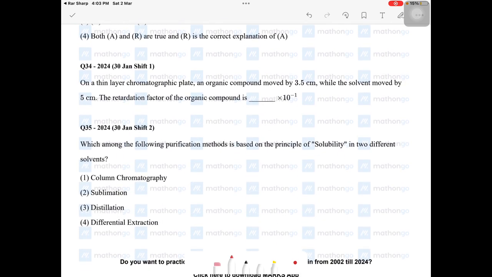Next, thin layer, 34th question. Thin layer chromatographic plate, organic compound moved by 3.5 centimeter with solvent moved by 5 centimeters. The retardation factor of the organic compound is?